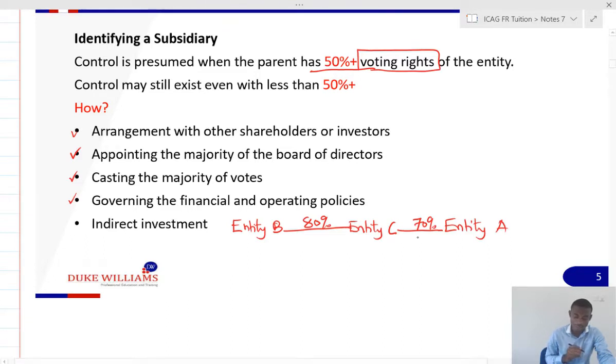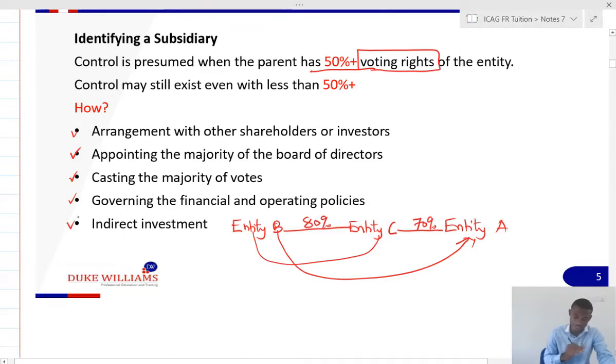Now, if you look at this carefully, entity B is only investing in C, not in A. But because entity B controls C, entity B indirectly controls A. So through indirect investment in A, entity A would be a subsidiary of B. So B has no direct investment in A. However, because B has an investment in C, and C also has an investment in A, B indirectly controls entity A. Therefore, entity A is a subsidiary of B. That is what we mean by indirect investment.